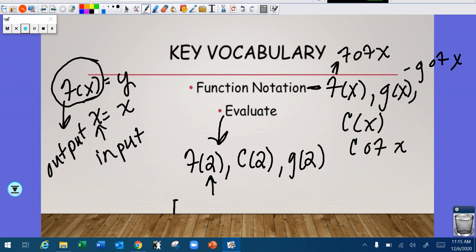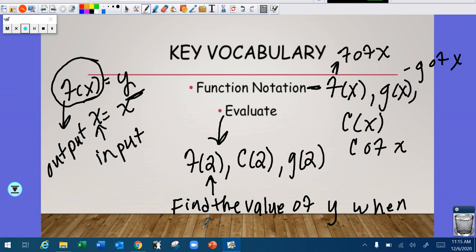So what this is saying is find the value of y, because f of x is the same thing as y. Find the value of y when x, they gave you x, is equal to 2.